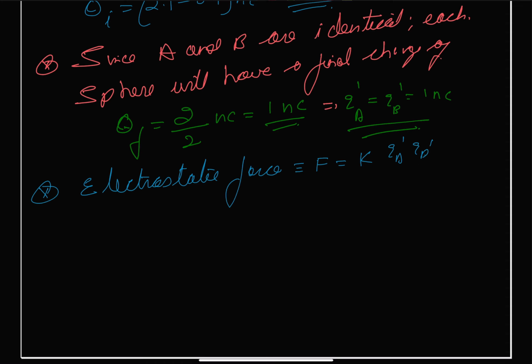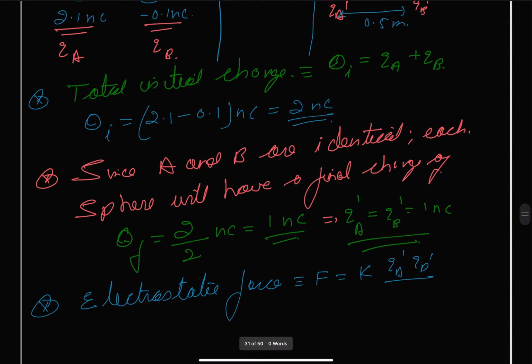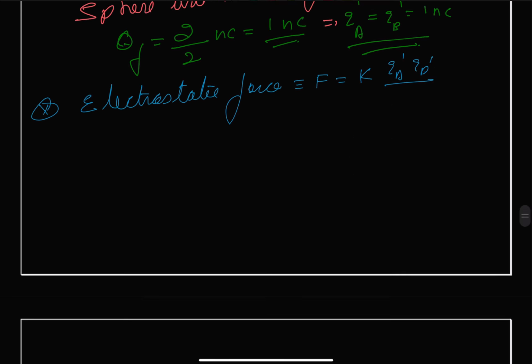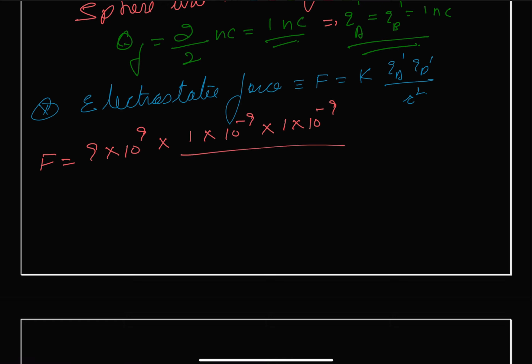Suppose the distance between them is our r, and this is our r square. We substitute the value, we get F is equal to K is 9 into 10 to the power 9, Qa prime and Qb prime is same, so this comes as 1 into 10 to the power minus 9 multiplied by 1 into 10 to the power minus 9, and the distance between them is 0.5, so this comes as 0.5 whole square.